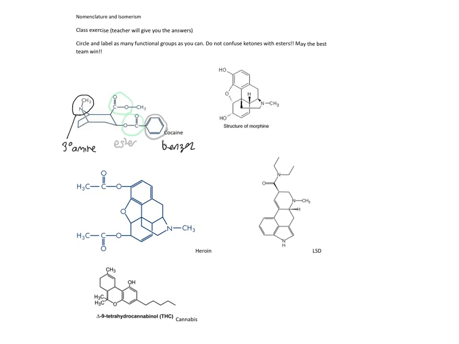Let's now move on to morphine. And we can see here again is a nitrogen connected to 3 other groups, and that is a tertiary amine. And we can see there is a carbon double bond carbon there, so that's an alkene. We have a 6-membered ring. Now, a 6-membered ring we can classify as benzene, but when you have a benzene ring with an OH attached, we call that a phenol.